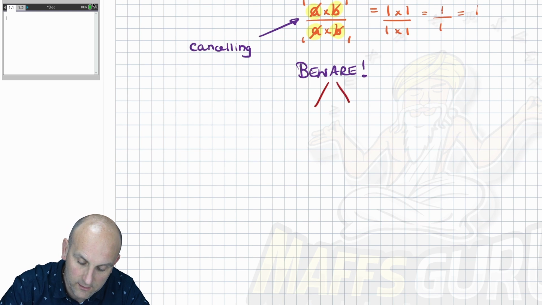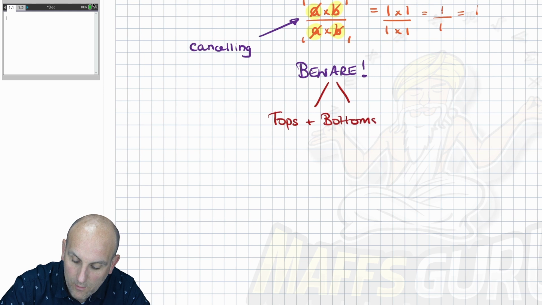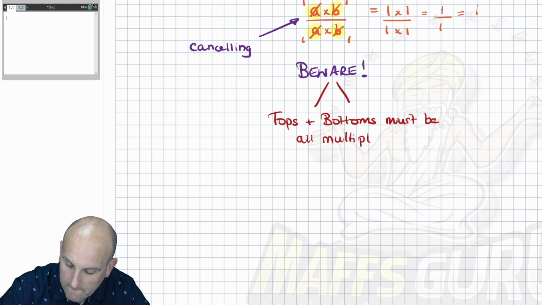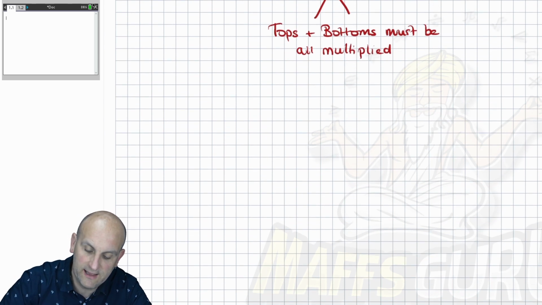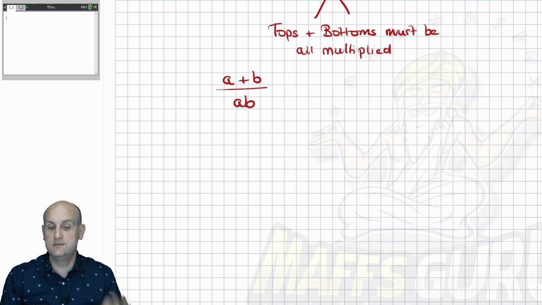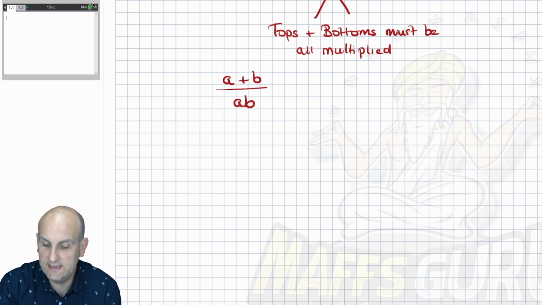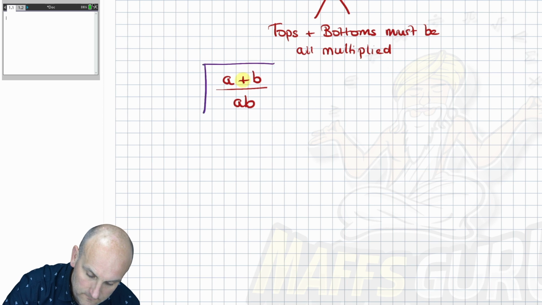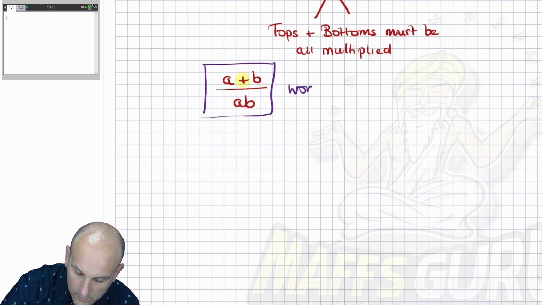All right, so beware, tops and bottoms must be all multiplied. Now what I mean by that is if I had A plus B divided by A times B, this is not going to work. The reason being is that plus sign there stops the rule from working. So this won't work.